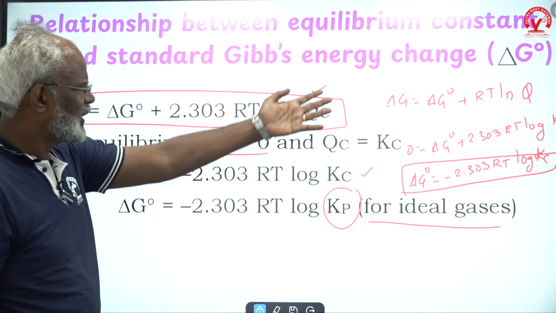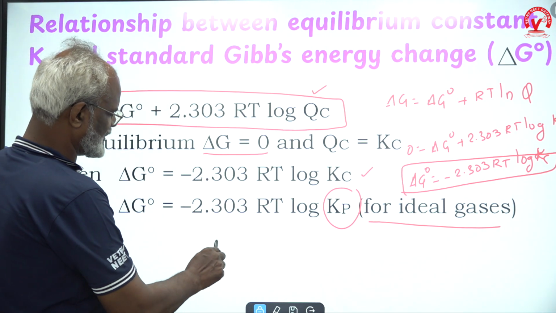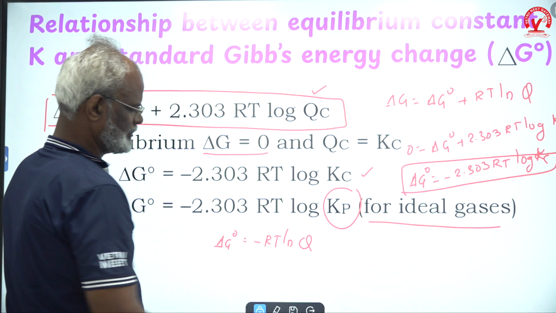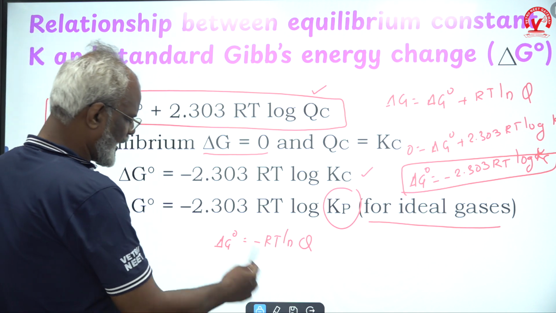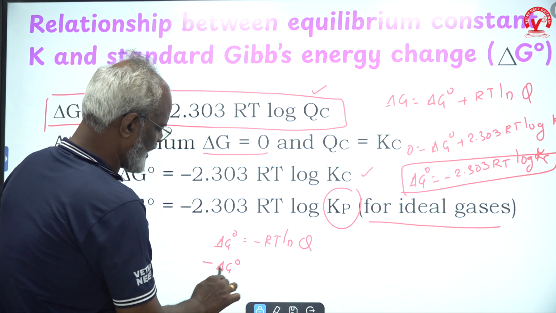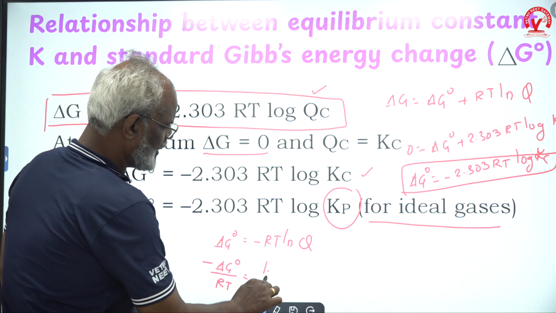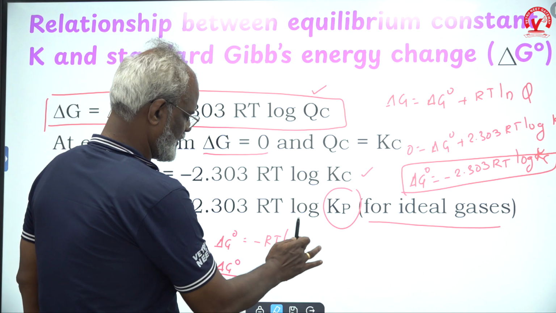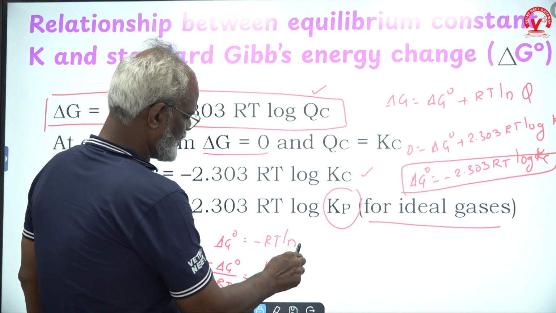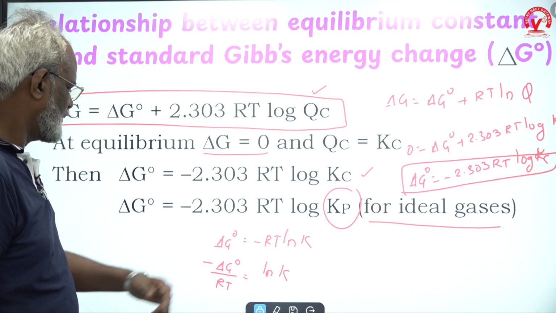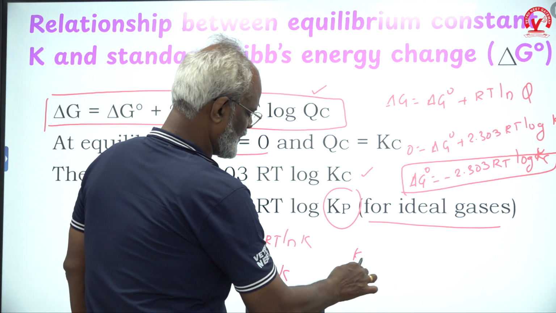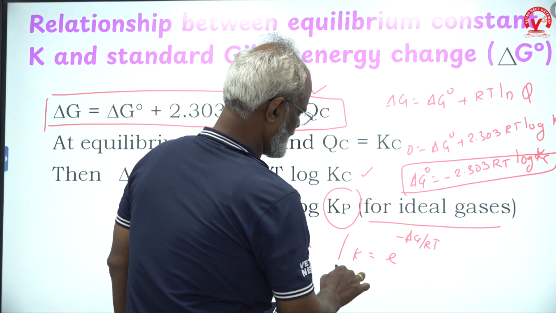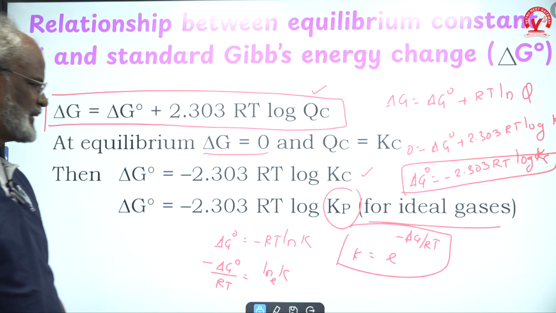Now I'll take that equation; you can also write it like this: delta G naught is equal to minus RT ln Q, or I can write minus delta G naught by RT is equal to ln K, since at delta G equal to 0, Q becomes K. So ln K to the base e, therefore K is equal to e power minus delta G naught by RT.